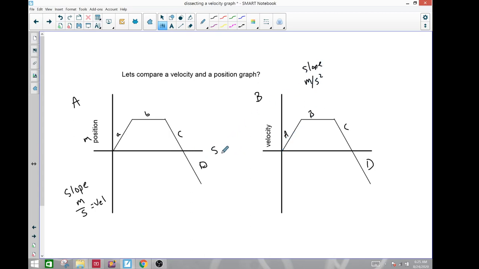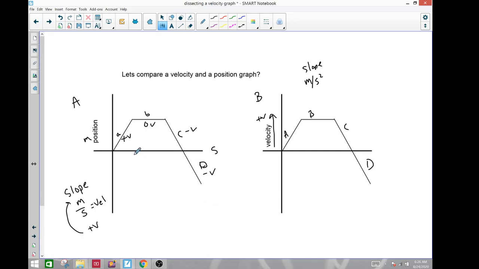Okay. So here, positive velocity is referring to slope. Here, a positive velocity is just being on this side. So this guy has a positive velocity here, zero velocity, negative velocity, and negative velocity.